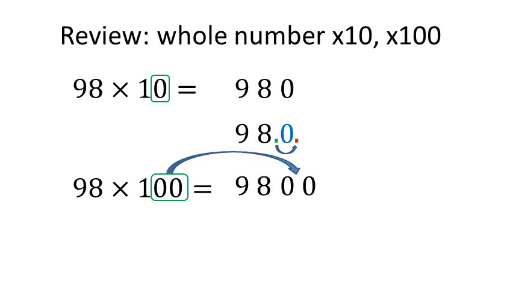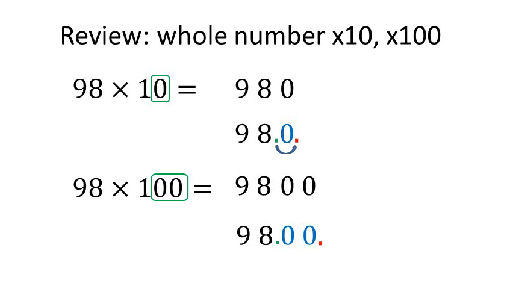Consider this question again. Start with 98. Because 98 is a whole number, we could place a decimal point at the right end of 98. After multiplying by 100, we have an answer of 9,800. We could place a decimal point at the right end of 9,800.